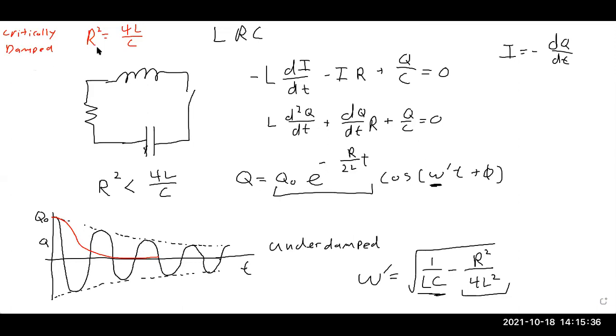And it can be even more, which is called overdamped. And that qualitatively looks a lot like critically damped. There are differences, but in both cases, there's just too much resistance to oscillate at all.